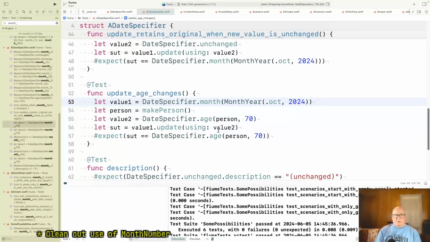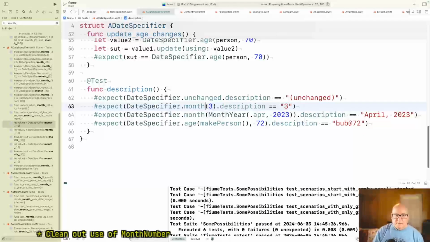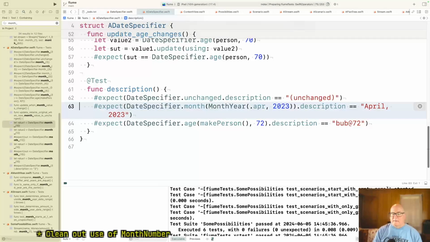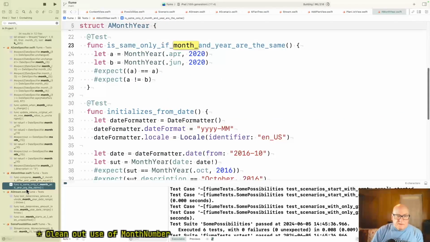Make a person. Value 1 update using value 2. Okay, I guess. We already have that. Okay. All right, I expect this test to pass. This one just uses that name.